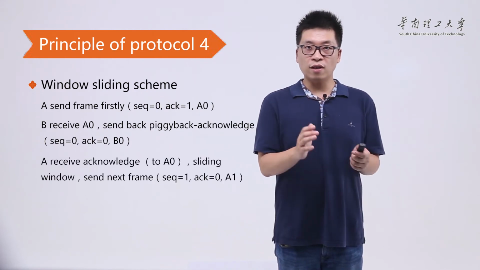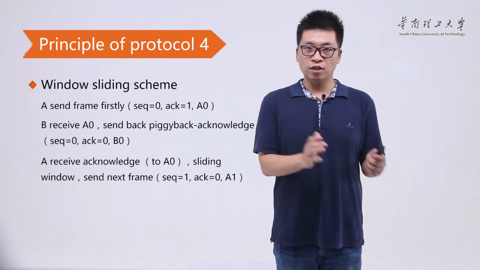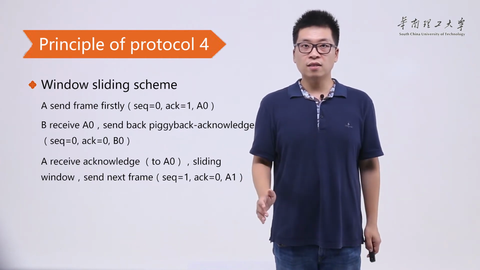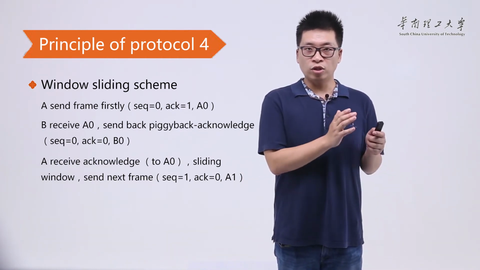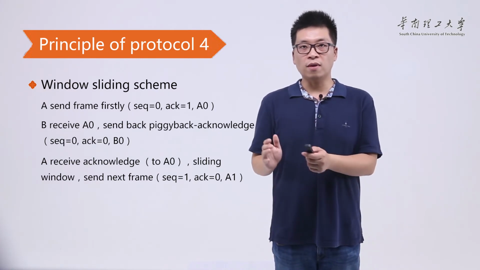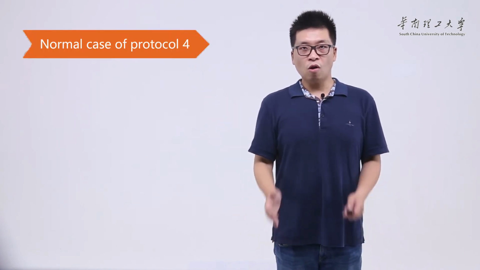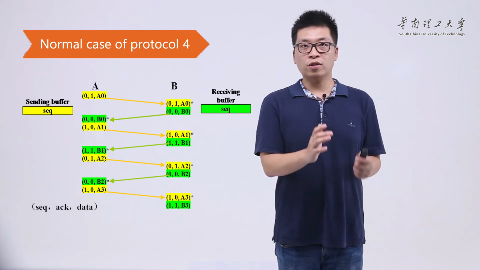When A receives the acknowledgement to A0, it slides the sending window and sends the next frame with sequence number 1, acknowledgement number 0. That is frame A1.